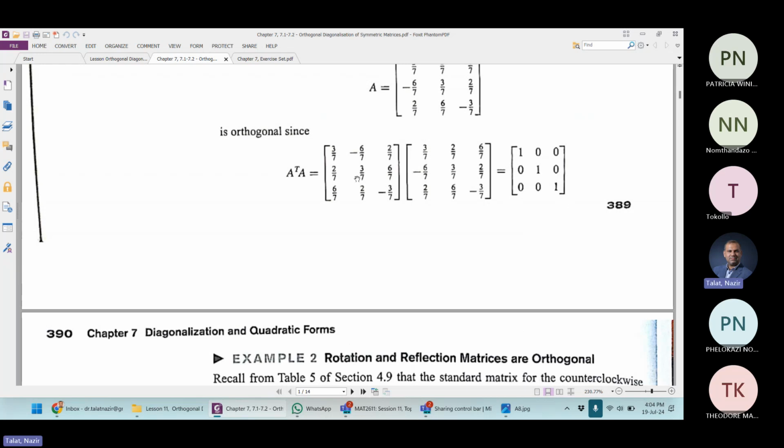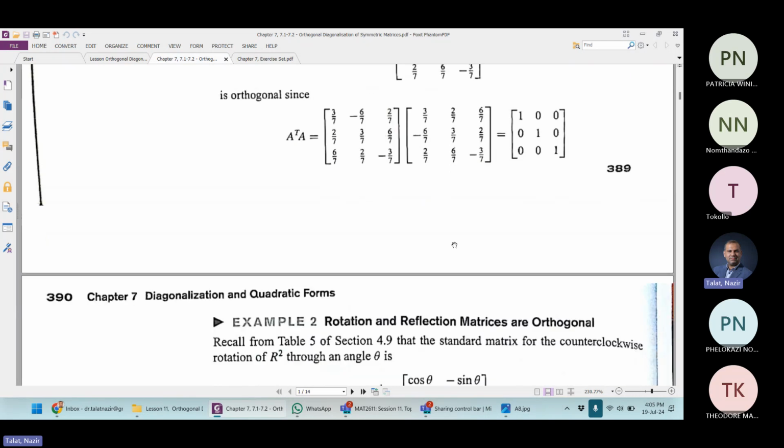It also means that the rows and columns are vectors, and if you multiply distinct ones, you obtain zero. When the product of two vectors is zero, it means both vectors are orthogonal to each other, meaning perpendicular to each other. That is why we call it an orthogonal matrix.